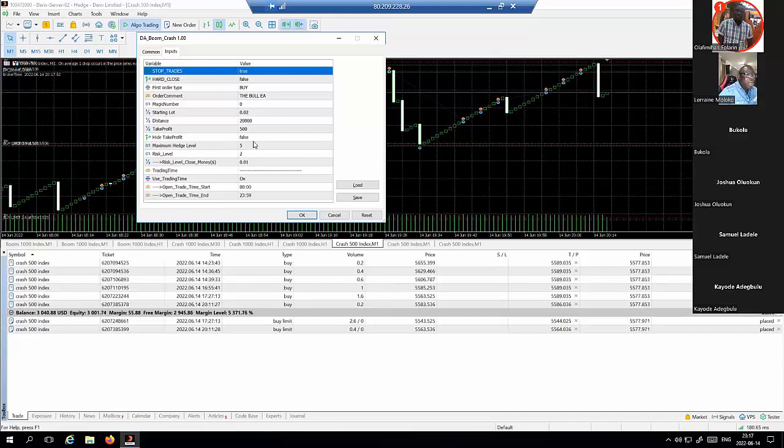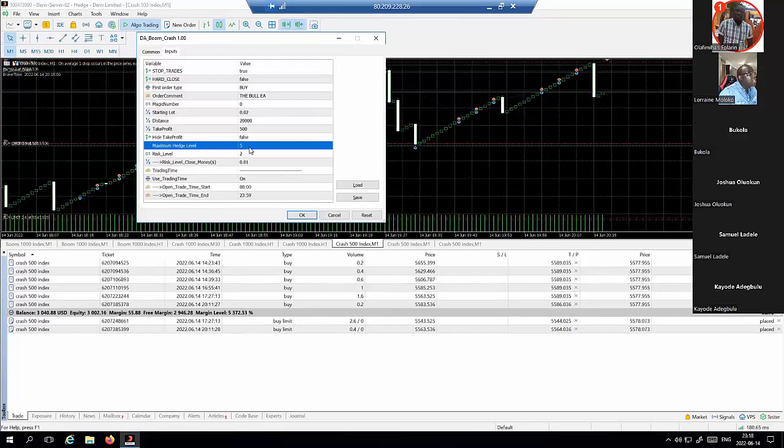Actually, there's a bug inside the system, which I'm going to explain later. But if you look at it here, I put my maximum hedging level to be 5. This is where we are getting it wrong as well. With this 5, I'm going to explain it again, because in computing, we start counting from 0.